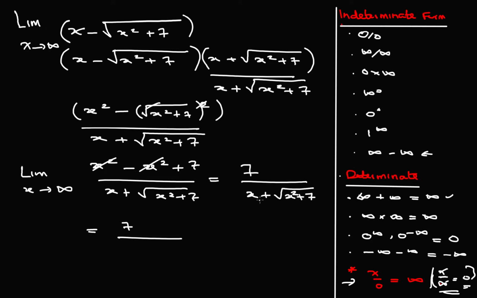Infinity plus infinity will give us infinity, because this will also be infinity. So this will be 7 over infinity. Now we can look at this third option here and say that this is 0. You always find your solutions by checking here, checking there, or checking here at the bottom.